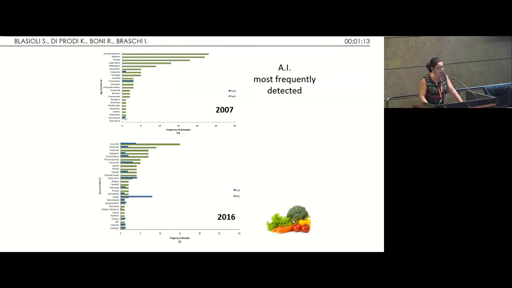And this is just to show that the molecules detected from this study at pre-harvest are completely different from what is reported for food. So we are observing really different subjects, even if the plant or the fruit will become food very soon, okay?